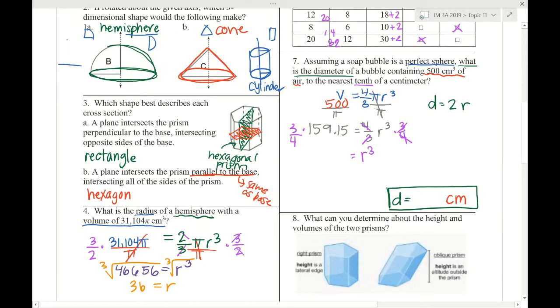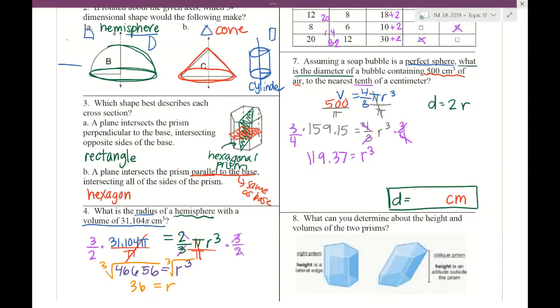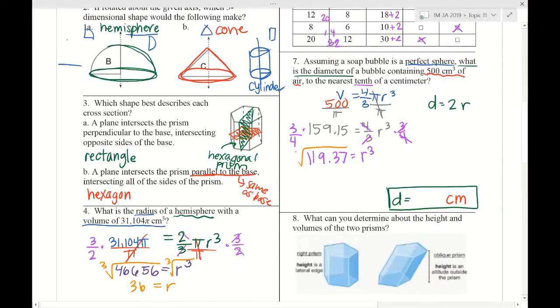I left the numbers in the calculator, so we're going to multiply that by 3 and then divide by 4, which gives us about 119.37. And then we're going to take the cube root of that value, again, leaving that number in our calculator or using our answer button, depending on how our calculator works. So that gives us a value for r, if we take the cube root of our answer, as about 4.92.